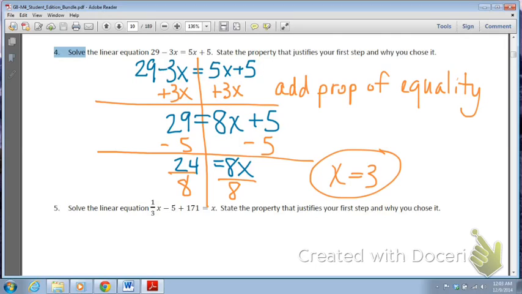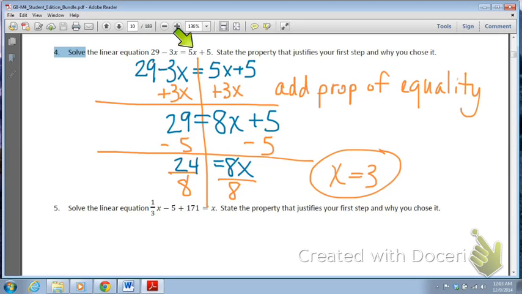And putting x equals 3 into this equation up here, actually I can do that pretty simply. So I've got 29 minus 3 times 3, which is 29 minus 9, or 20, on the left side.